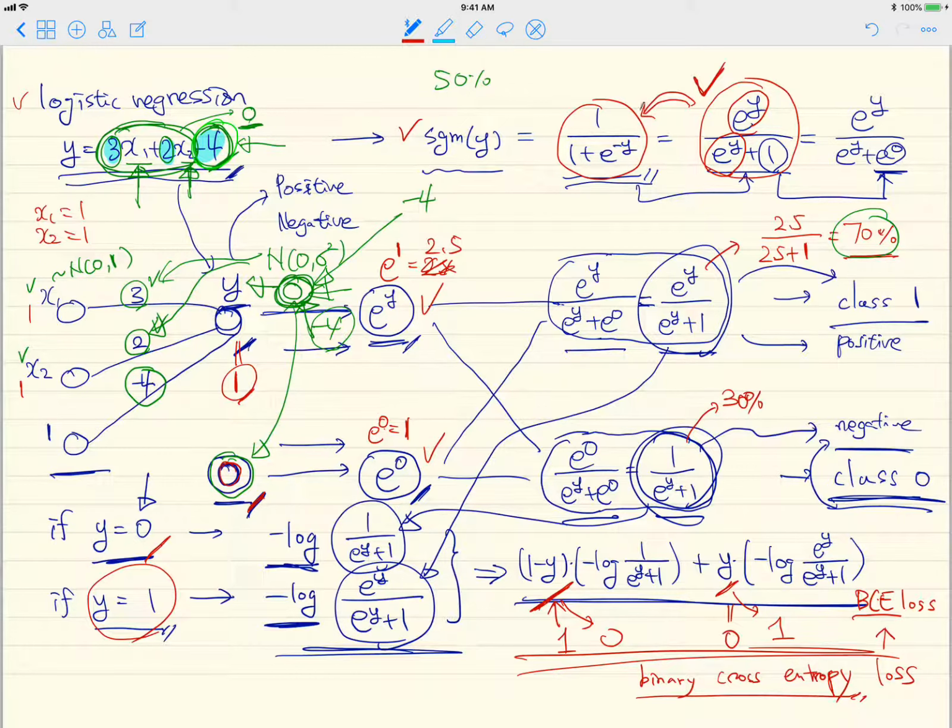But if we change it into this form, we compute it just once, because this exponential term is involved only in the denominator. Usually e to the power of y, this kind of exponentiation, takes a non-trivial amount of computation, so we want to avoid it as much as possible.